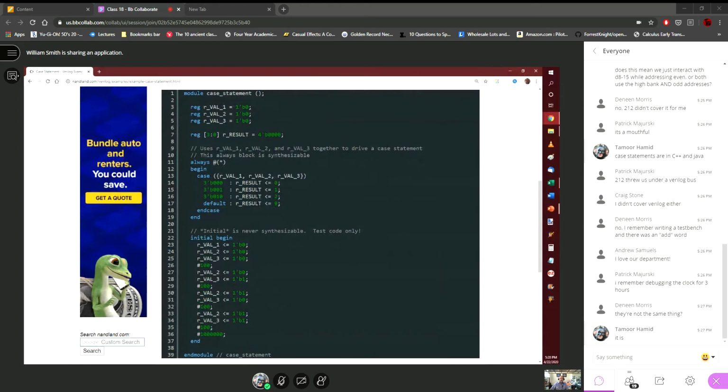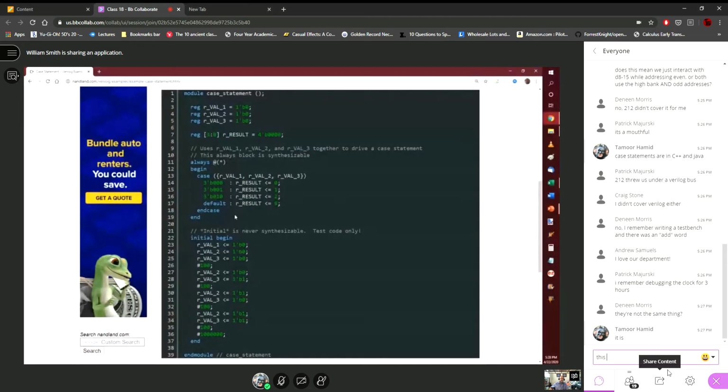So Verilog has this concept of a case statement. I'm going to kind of get you guys in on this, especially. What we're doing here with this example is test code only. So this is the basic fundamental construct for a case statement in Verilog.